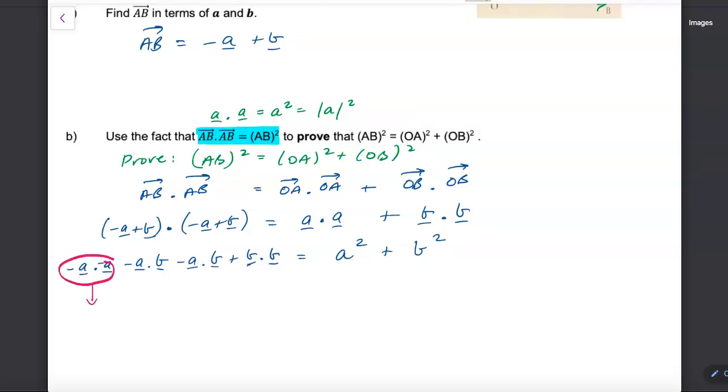Negative vector A dot product negative vector A is A squared, and vector B dot product with vector B is just going to be the scalar B squared.